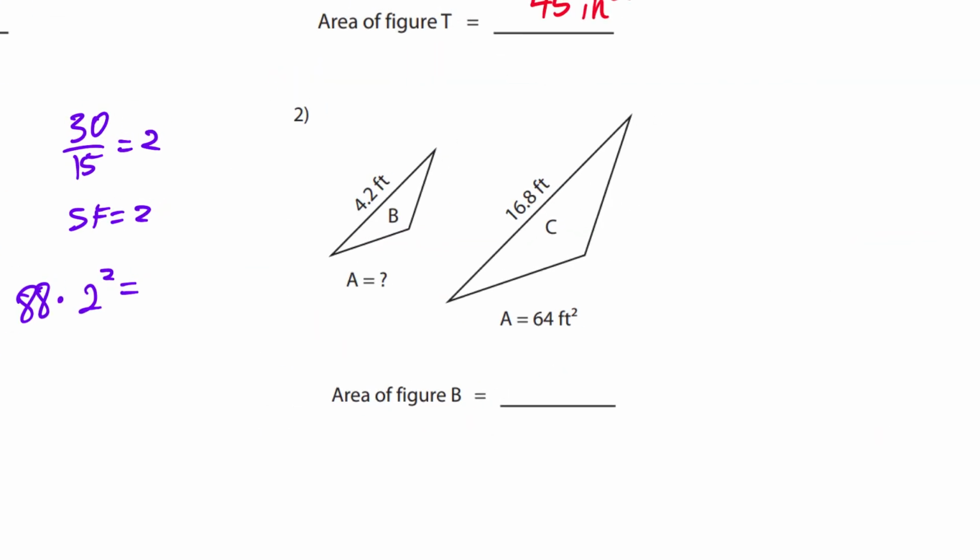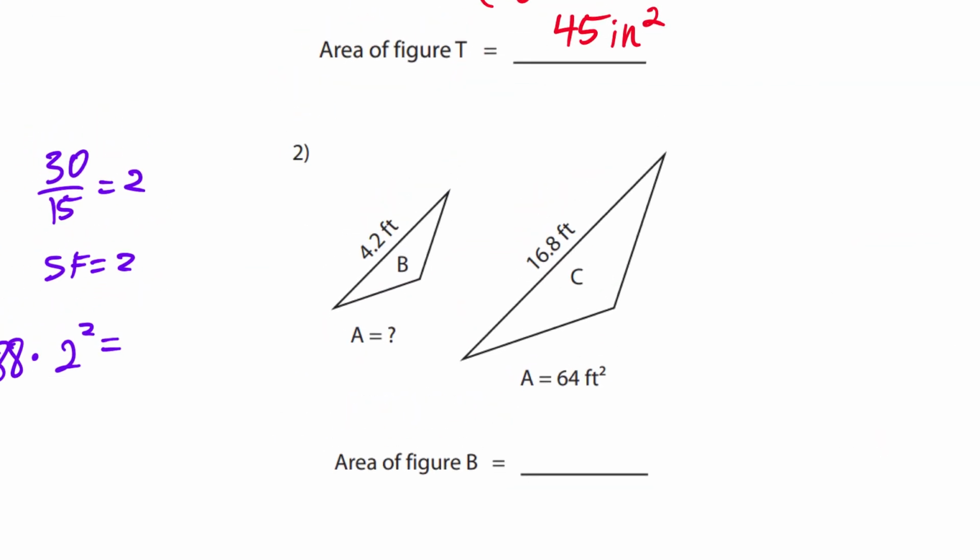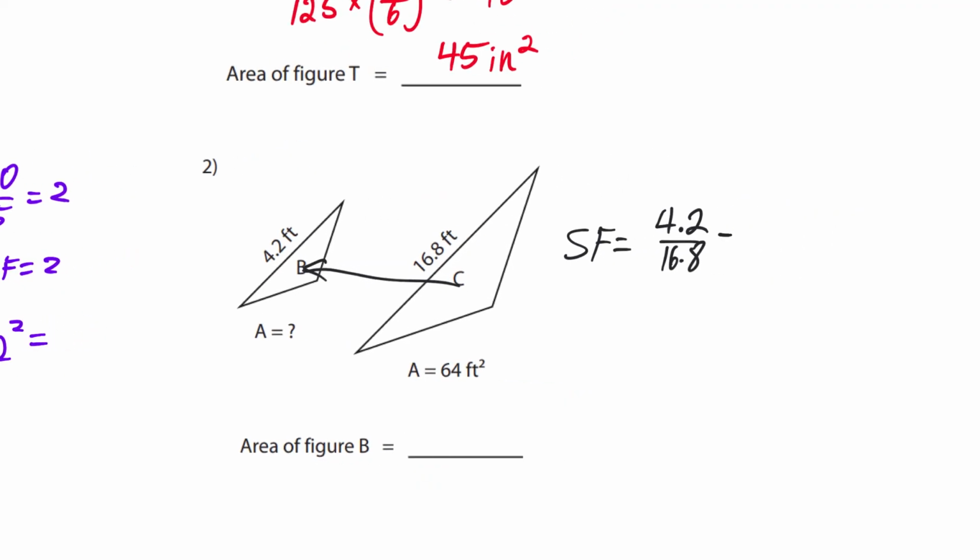Okay, try that last one. Okay, so on this one again, we're going from here to here. So what's the scale factor? 4.2 over 16.8, which I think is just 1/4. So we're going to take the area 64 times 1/4 squared.